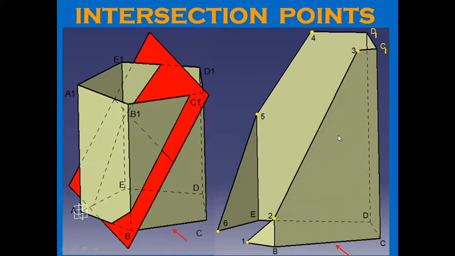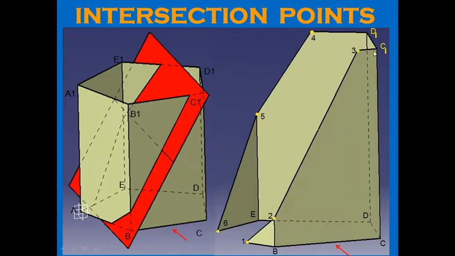Similarly, the section plane is cutting the top edge, that is B1C1, somewhere in between B1 and C1. So you can see this is the intersection point number 3. Somewhere here, this is the intersection point number 3 between B1 and C1.